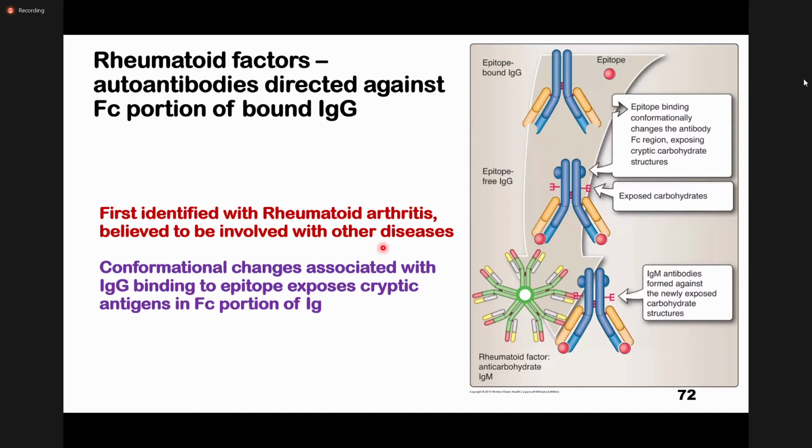In rheumatoid arthritis, there is another one, rheumatoid factor, okay, the complexes that are formed between the IgG and the IgM, the Fc region of the IgG, that was first identified in rheumatoid arthritis, an autoantibody factor that causes rheumatoid arthritis, okay. So this is the IgM bound to the Fc portion of your IgG. This is called the rheumatoid factor, okay.